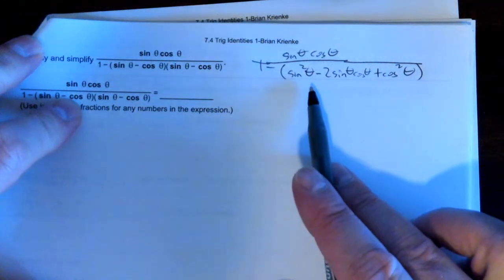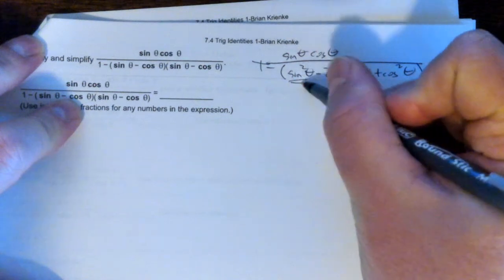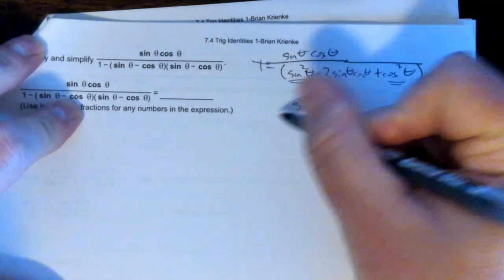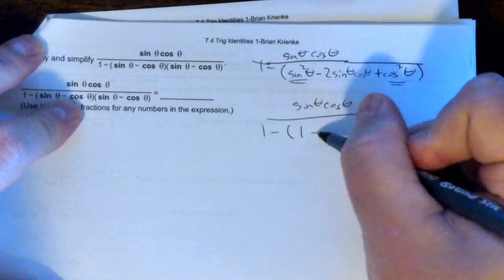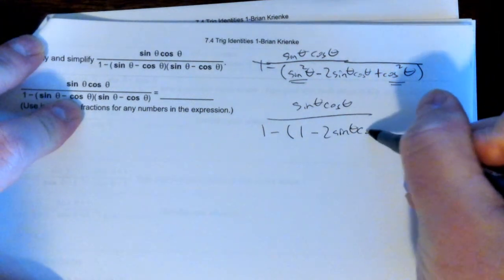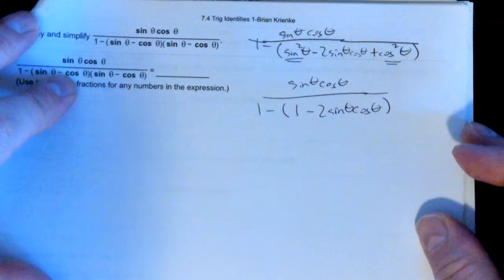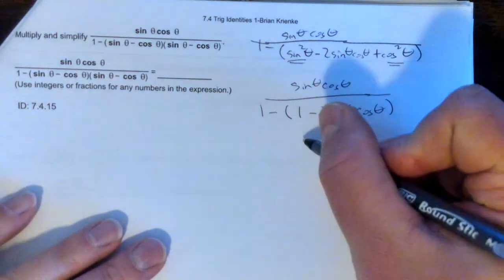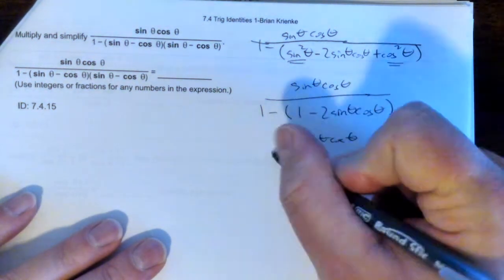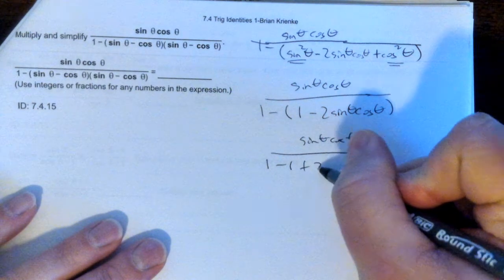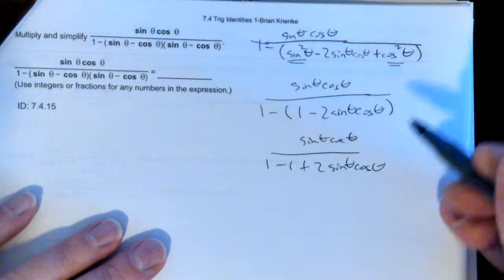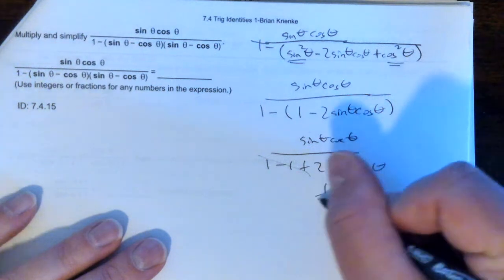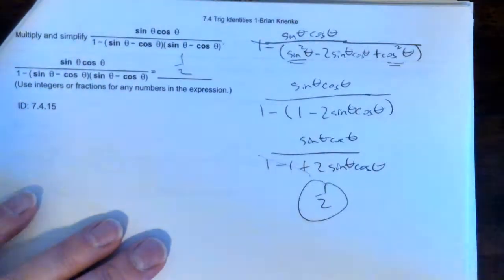Okay, so then we want to use the Pythagorean identity where this and this really is just 1. Like that. And then we want to distribute a negative sign. And then this one cancels, and then the sine cosine cancels with this sine cosine, and so you end up with 1/2 for your answer.